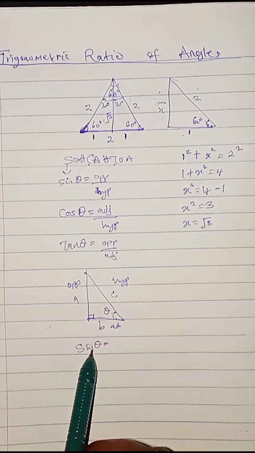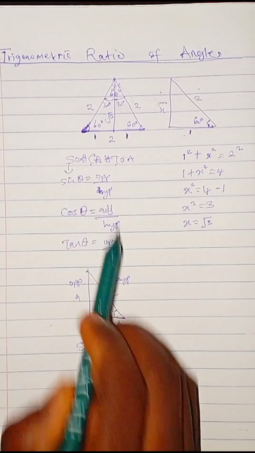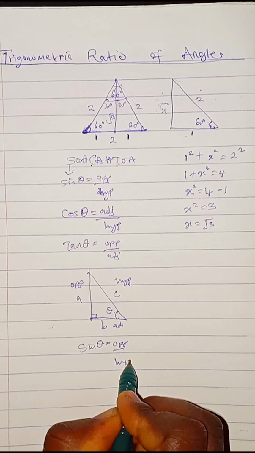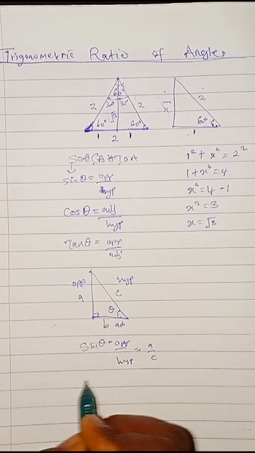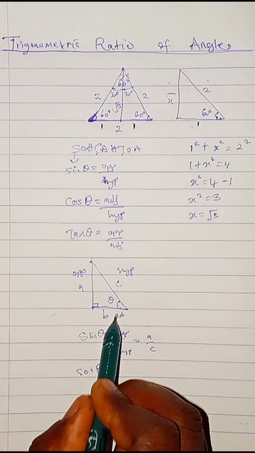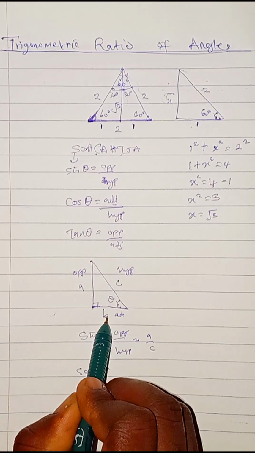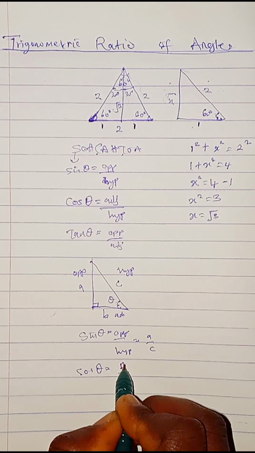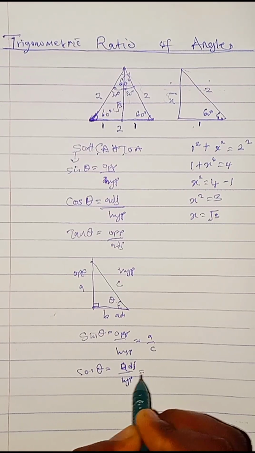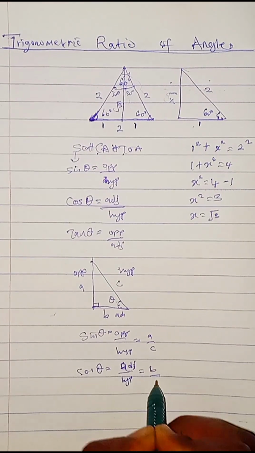So sine theta is opposite over hypotenuse, which is the same thing as A over C. Cos theta is adjacent over the hypotenuse. You see, the adjacent is B over C.